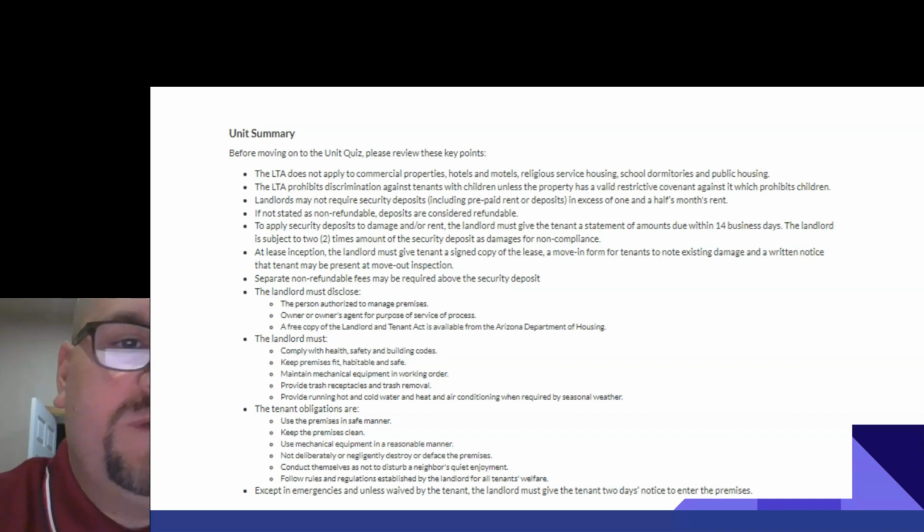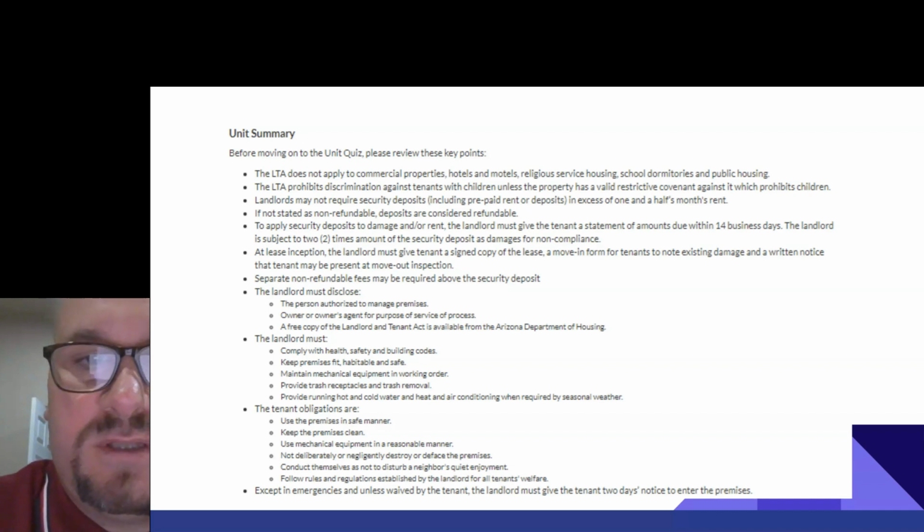Separate non-refundable fees may be required above the security deposit. The landlord must disclose the person authorized to manage premises, owner or owner's agent for purpose of service of process. A free copy of the Landlord-Tenant Act is available from the Arizona Department of Housing.